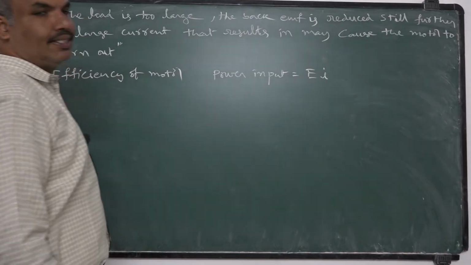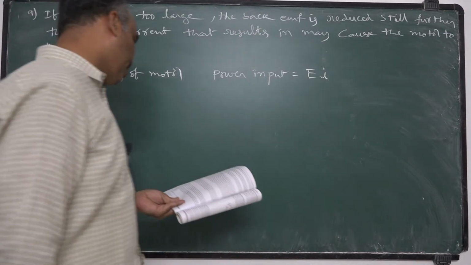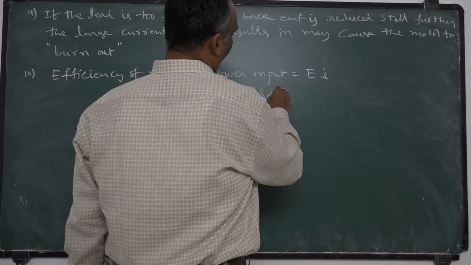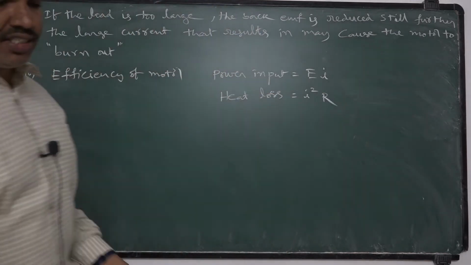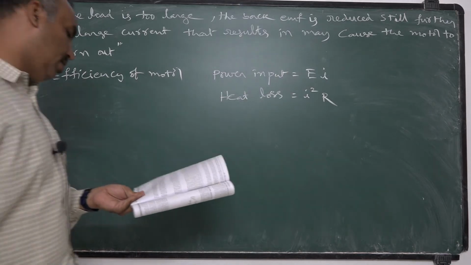Applied voltage is E, applied current is I. Heat loss is always given by I square R. R is the resistance of the coil, I is the strength of current passing through the coil.